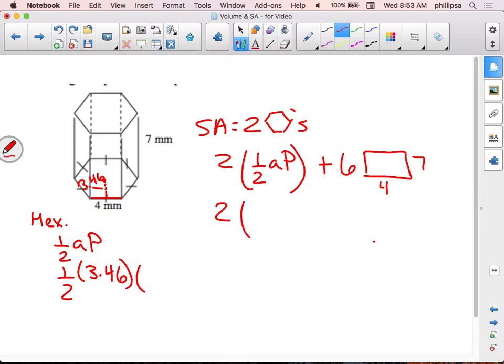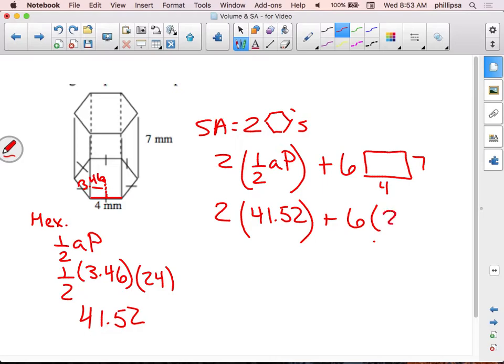So in one of the previous videos, I think it was the first video, yeah, it must have been, because this is a prism, we found that this area was 41.52. Okay, so you have 2 hexagons at 41.52, the top and the bottom, plus the 6 rectangles that have an area of 28.